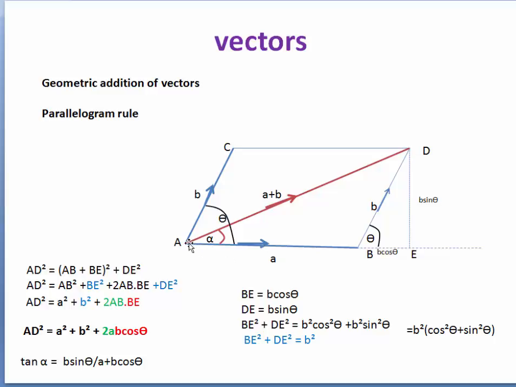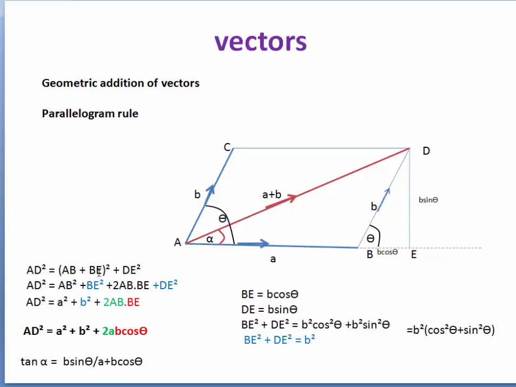And we're going to use this big triangle A, D, E, and Pythagoras in our working out. So using this triangle, AD squared equals A to E, which is AB plus BE, squared, plus DE squared. So we're using Pythagoras in this triangle.